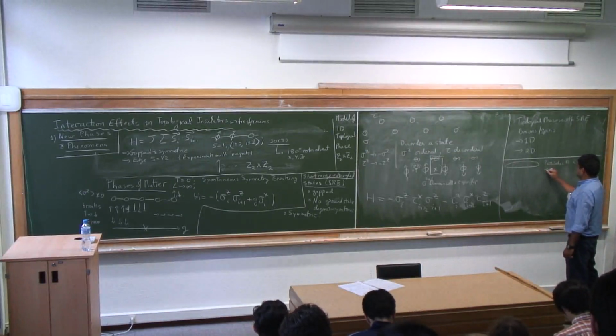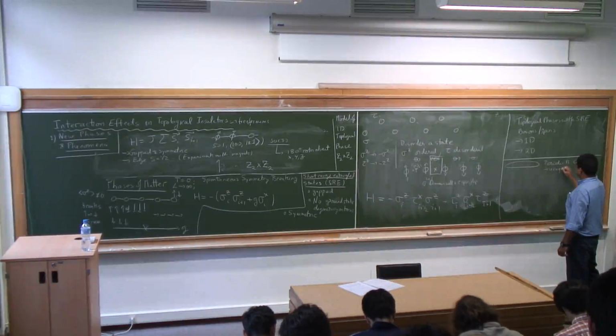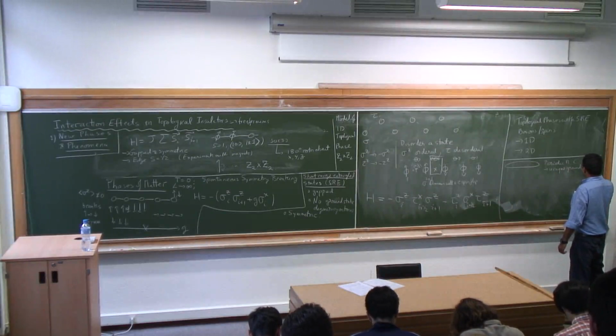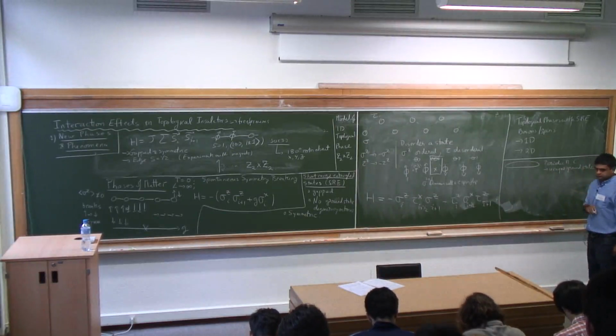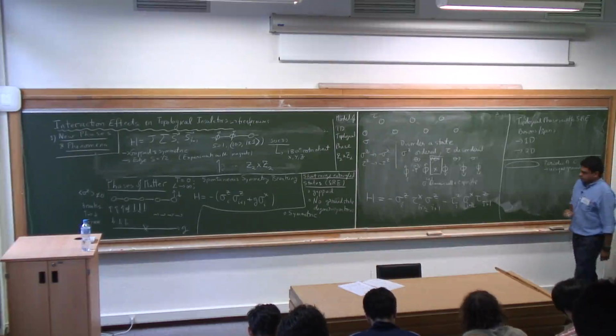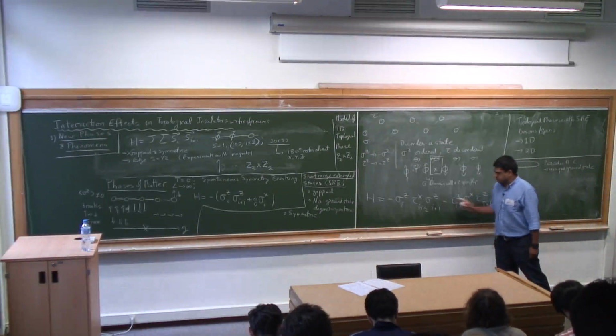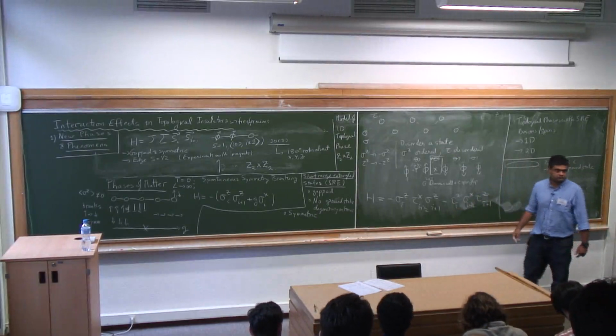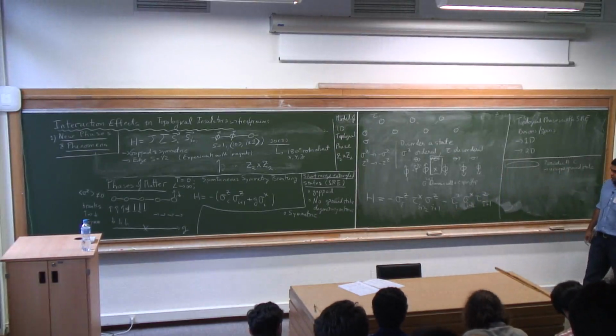You can easily check that it has a unique ground state, and it has a gap. One way to do that is to notice that actually all of these terms commute with one another. So these operators commute with one another.